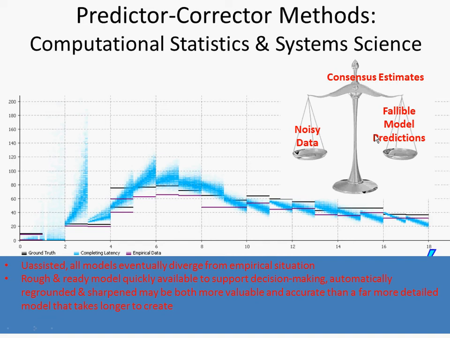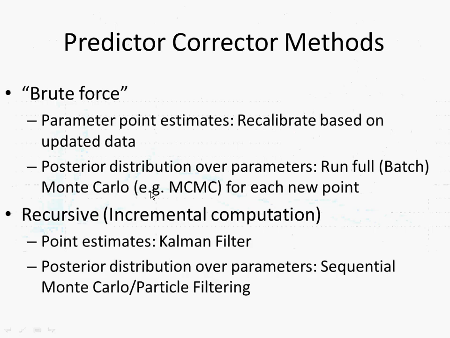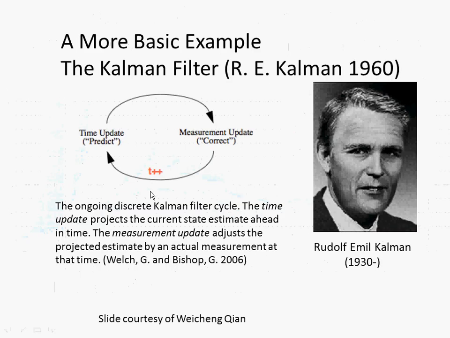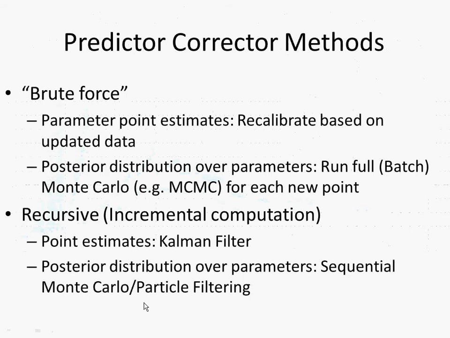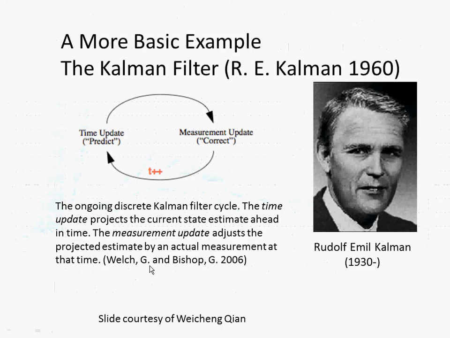There's many ways of doing this. One of them is particle filter we're using a lot, and we have particle filters implemented in AnyLogic that work very nicely with models and that prove very useful. Another example that's much older that some of you from engineering may be familiar with is something called the Kalman filter.